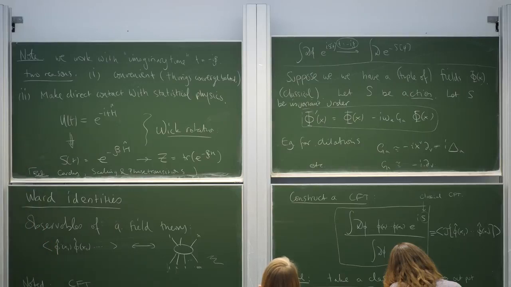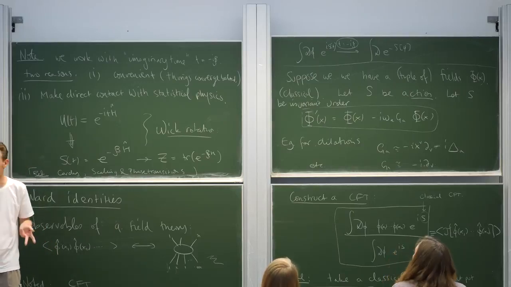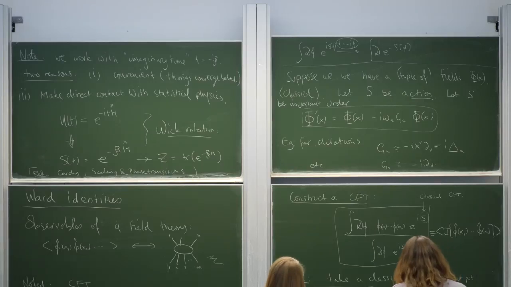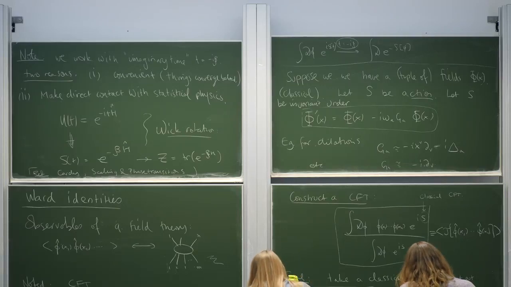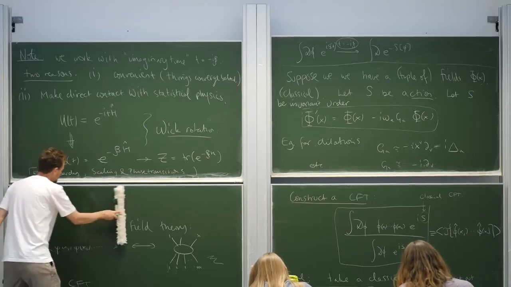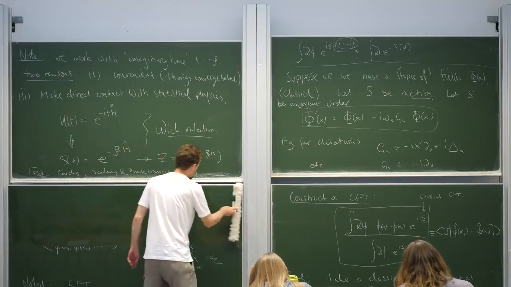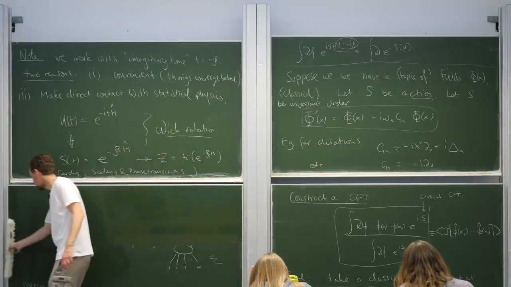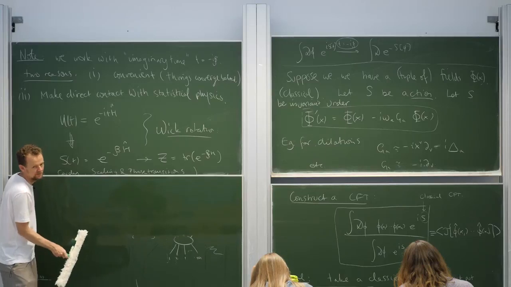Do we get a quantum theory invariant under conformal symmetries? And under a fairly straightforward set of criteria, we will be able to say we should get a quantum theory with conformal symmetries.